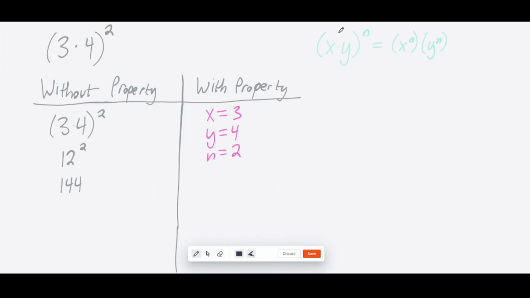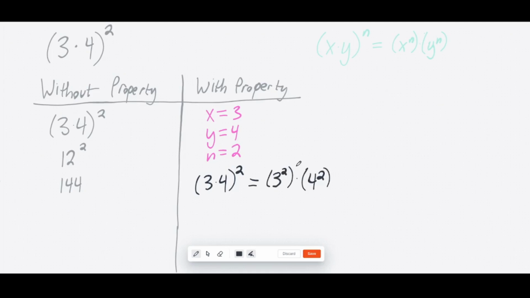And then whatever we see on the left side, you can check that that works out because we get 3 times 4 raised to the power 2, which is the expression that we're trying to calculate. And then all we have to do is substitute in the right side of this equation with these values set to these numbers. So for example, x raised to the power n, that would be 3 squared. And then y raised to the power n, that would be 4 squared.